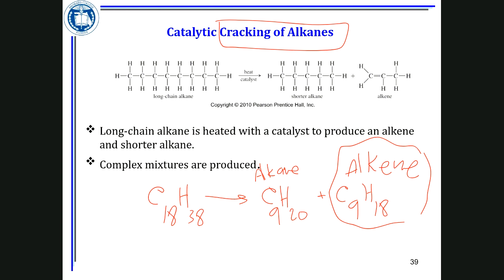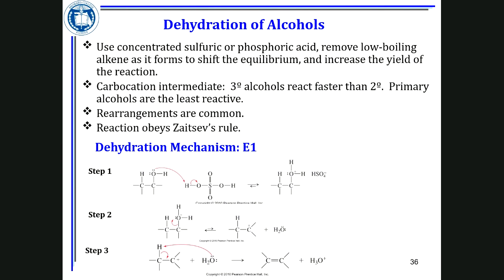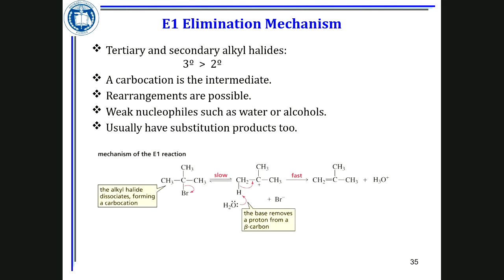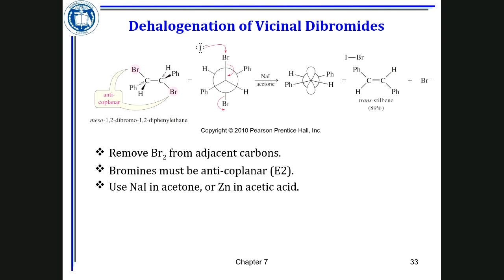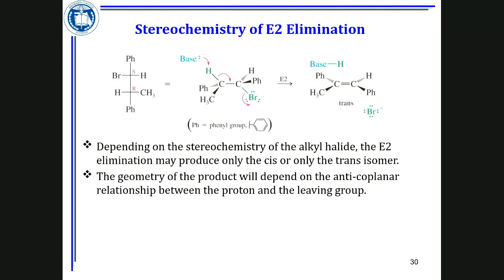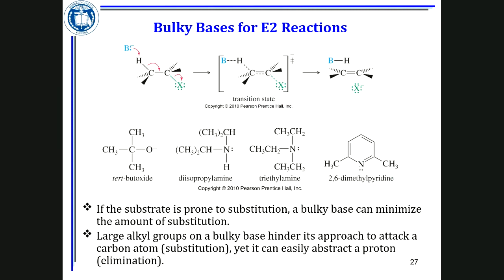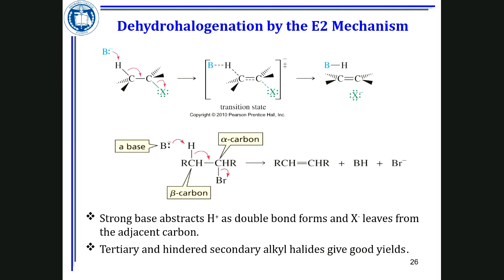And the halogenation of vicinal bromides. These are methods for preparation of alkenes. Any questions?